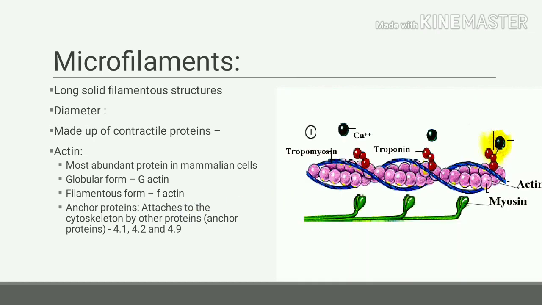You can see here, as you all know, actin is present in globular form, that is G-actin, and this G-actin is polymerized to form filamentous actin, which is known as F-actin. This actin attaches to various parts of the cytoskeleton by other proteins. These other proteins are known as anchoring proteins and they are identified by numbers like 4.1, 4.2 and 4.9.